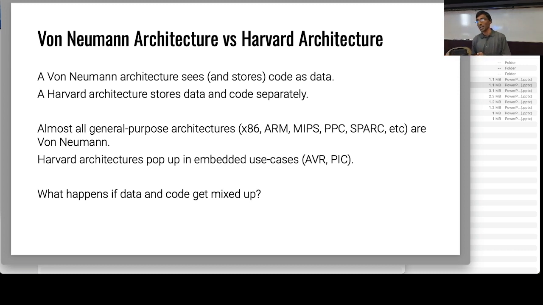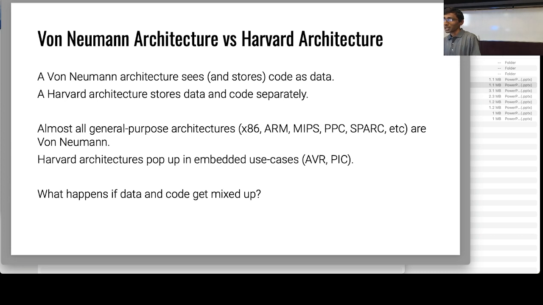And this gives the opportunity, or potential risk, of code being interpreted as data, or the other way around, data being interpreted as code, or injecting code as part of the data and getting it executed, getting control and compromising the victims.